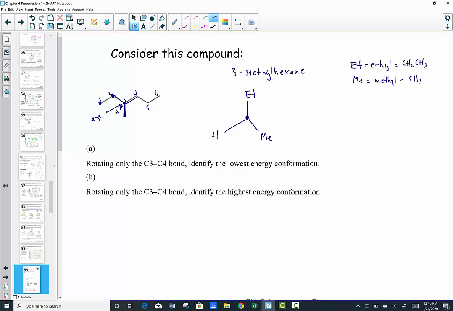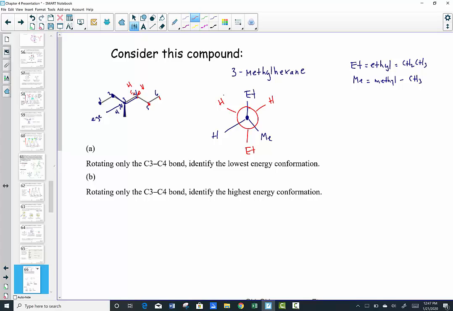There's carbon 3. Let's put carbon 4 behind it. And what do we see? Carbon 4 coming straight down is a 2 carbon chain. So I see an ethyl group. And then not drawn, but we know are there, are hydrogens. So I'll have the hydrogen coming out in these directions.